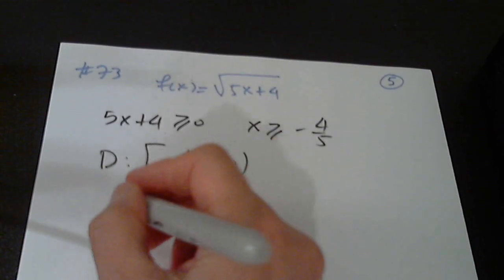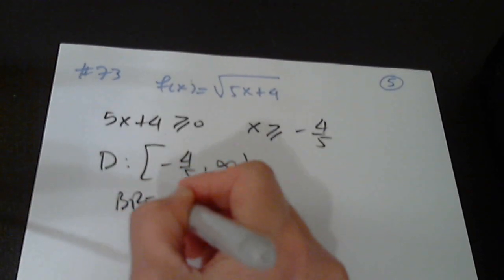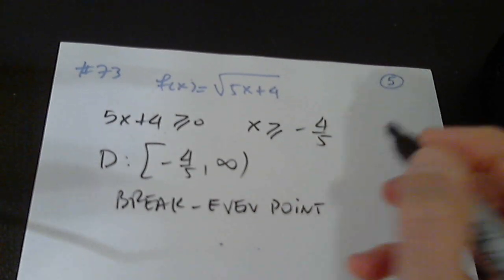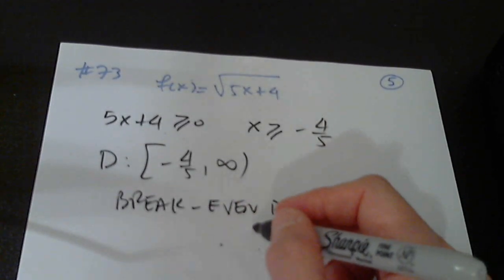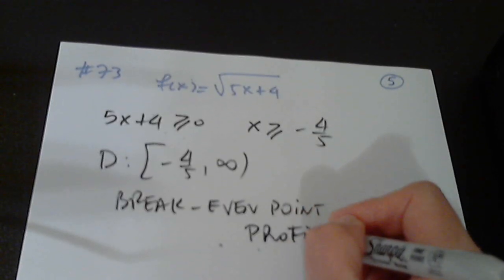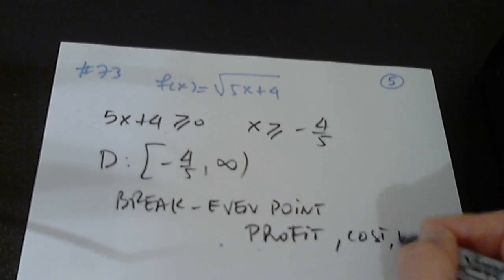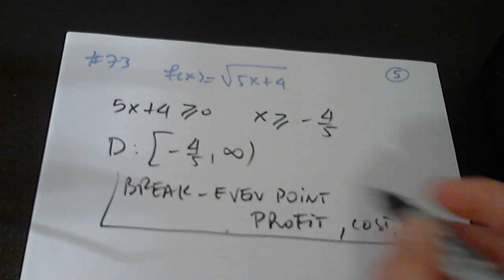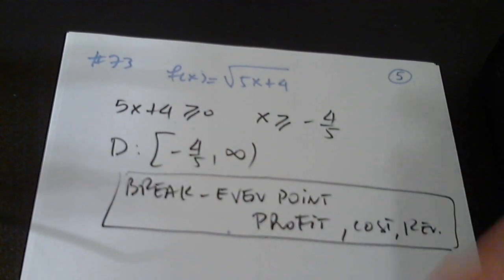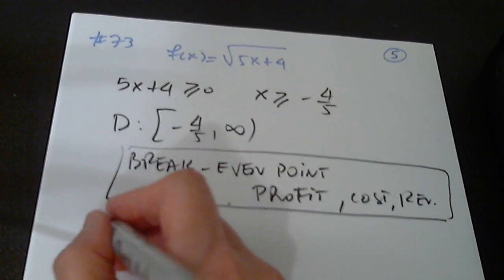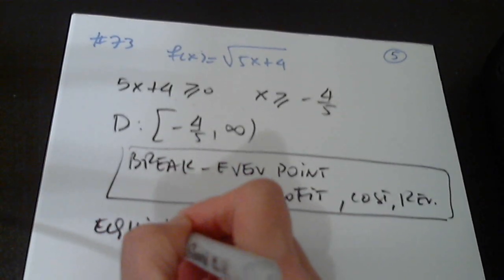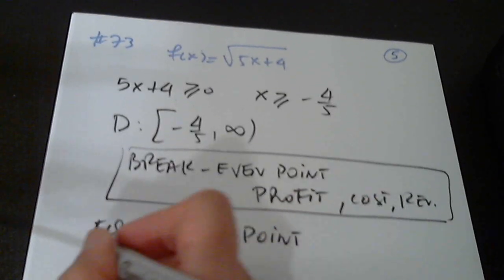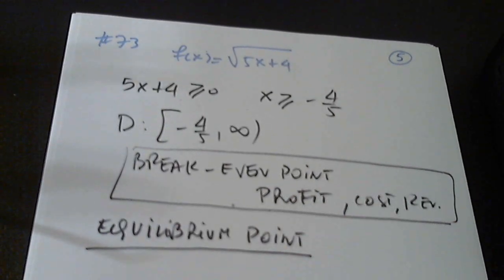So the break even point deals with profit, cost, revenue. And this is something we discussed already. We had an example. When we talk about the equilibrium point, we refer to something else.